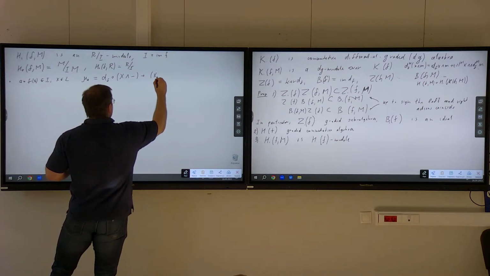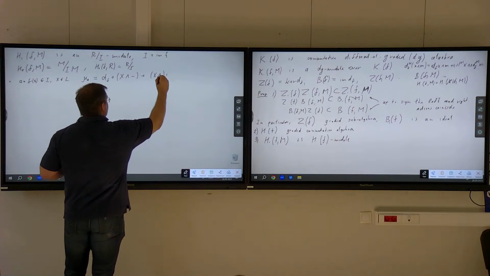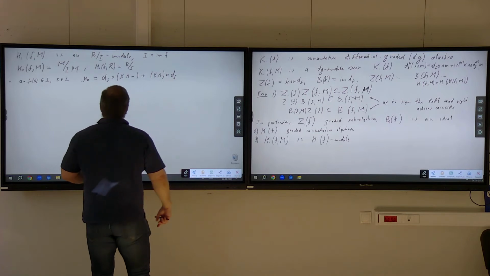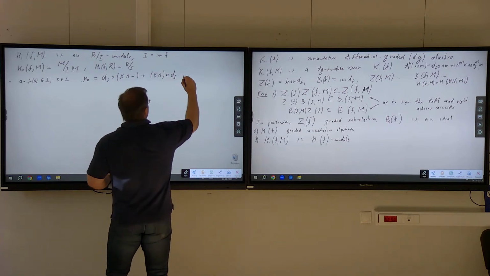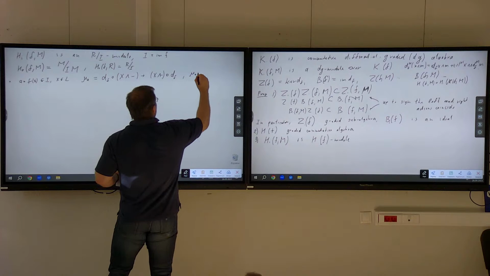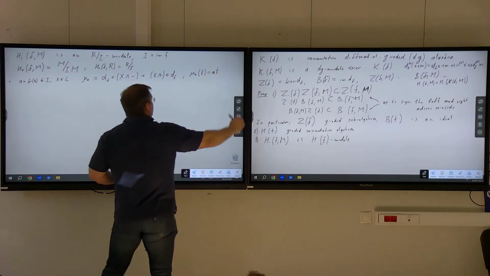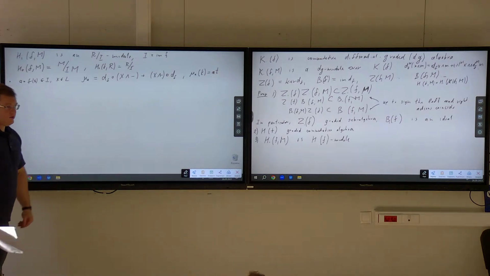So I have first the exterior product with x, and then I take the composition with the differential in the Koszul complex. Here, this notation mu A, if I want to apply this to some t, this is just by definition at. So mu is for multiplication by A.